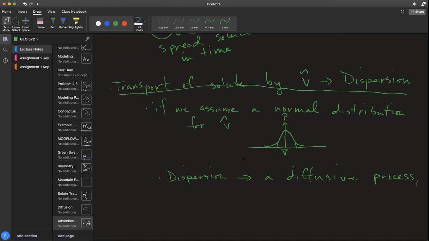All right, and that means transport by gradient.